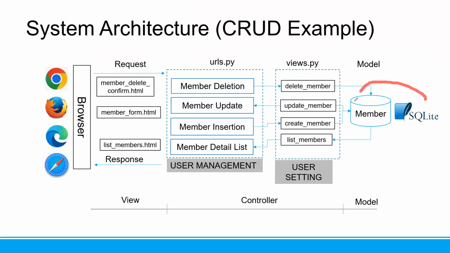So let's make this system architecture for our class. We will make a new data or a new model, which is member. And in this member, we are going to make some functions in the views.py. We are going to make list members, create member, update member, delete member. I can say those are the functions.